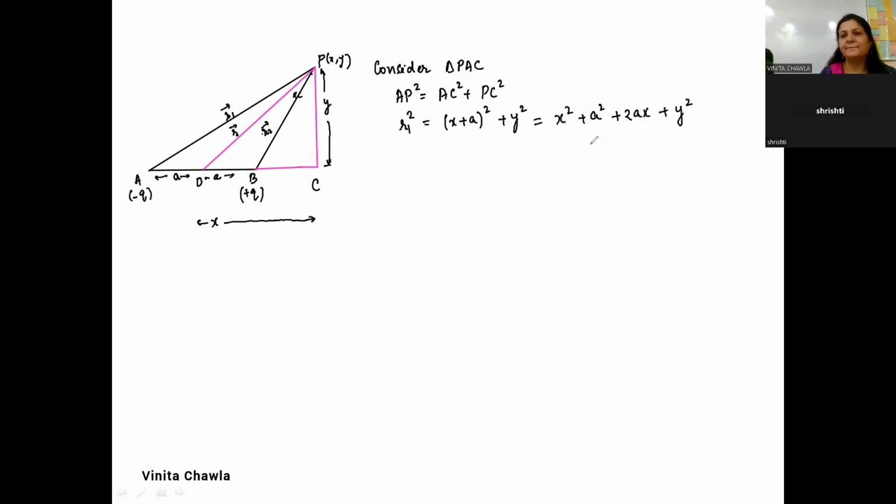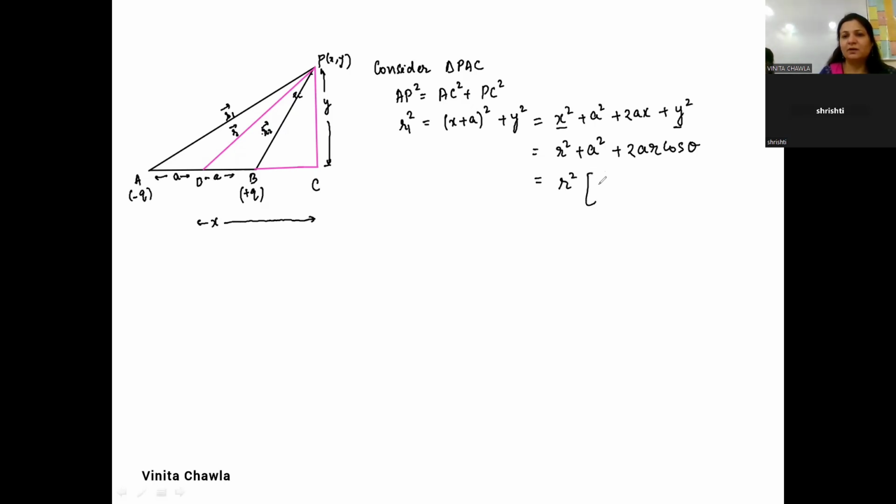Okay? Did you understand this? Now this x square plus y square can be written as r square. So this is r square plus a square, and x is equal to r cos theta, so this is 2ar cos theta. And we will take this r square common.